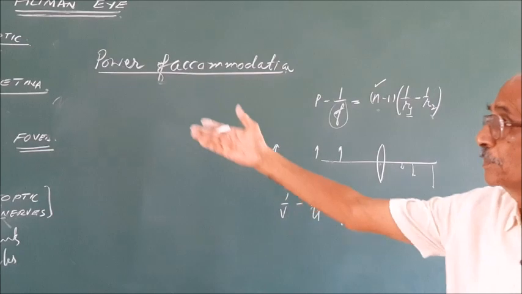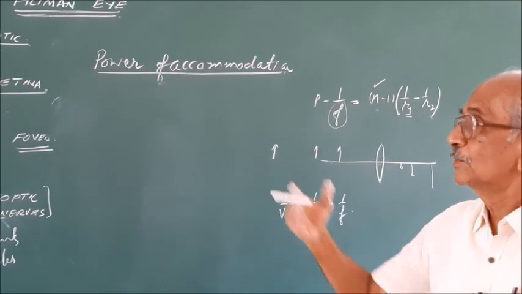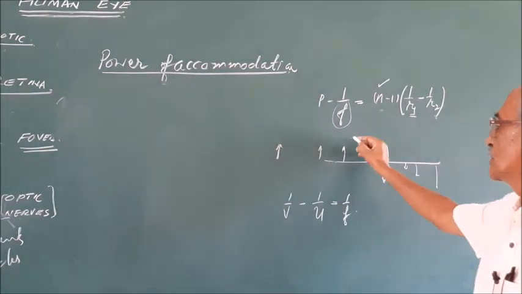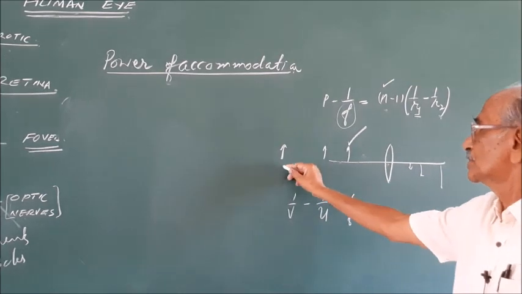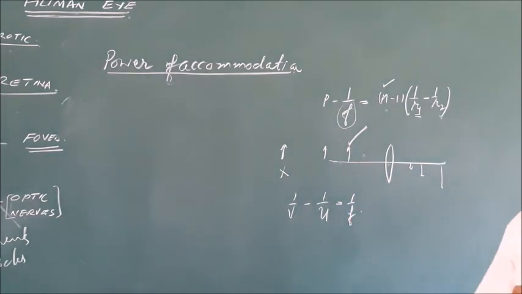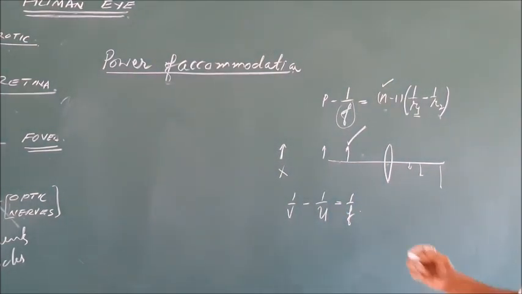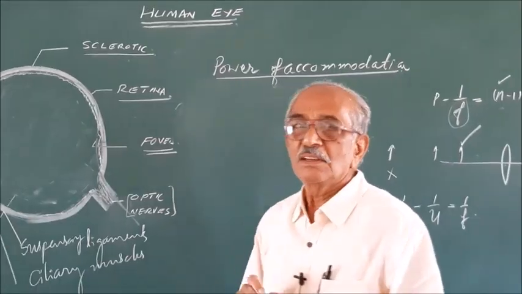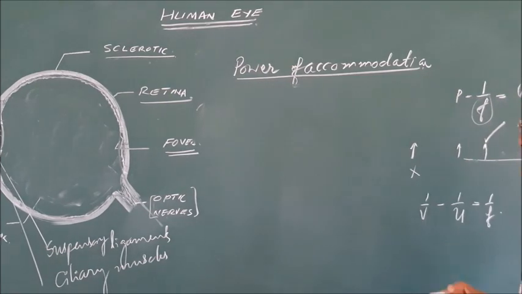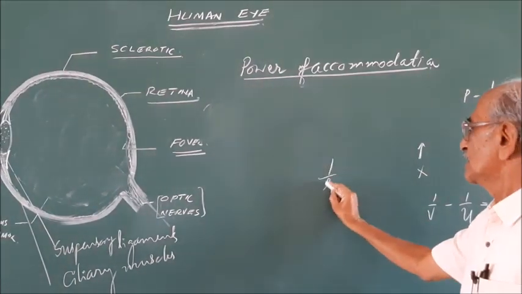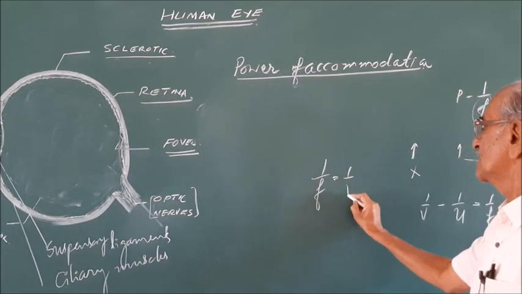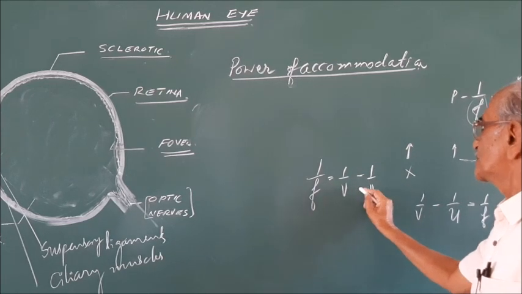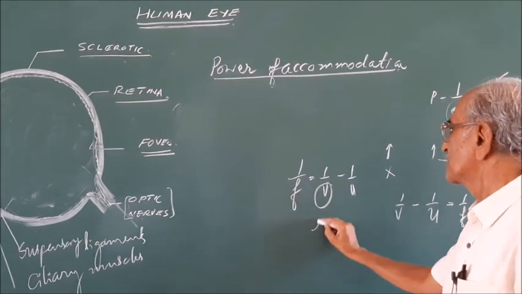But this cannot happen here. Now we see objects situated very close to the eye, and objects situated very far away from the eye. Still, the image is formed always here on the retina. In other words, for the eye, this is fixed.